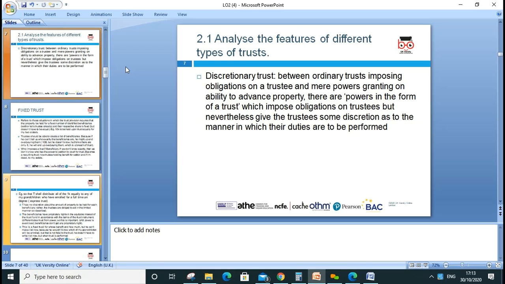Between the ordinary trust, which imposes obligations on the trustees, and mere powers, which grant the ability to advance the properties, there are powers in the form of trust which impose the obligation on trustees but nevertheless give the trustees some discretion. They have a discretion as to whom they want to allocate the properties, those sort of things, as to the manner in which their duties are to be performed.